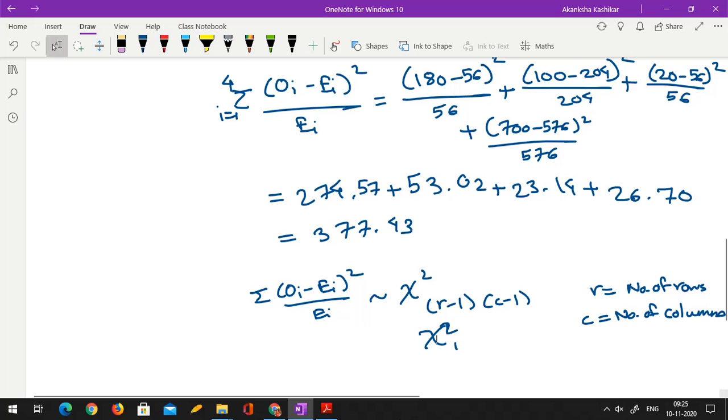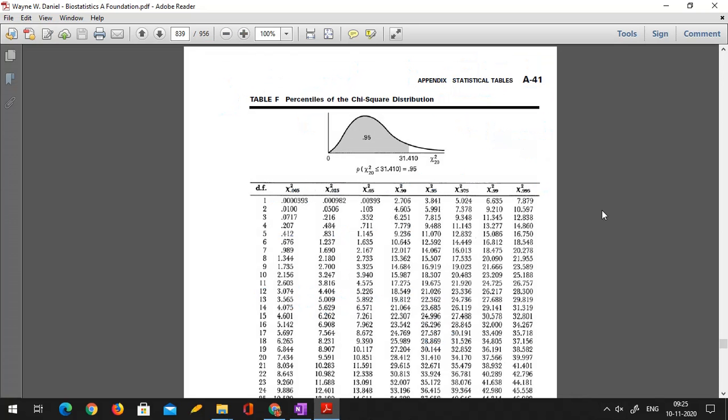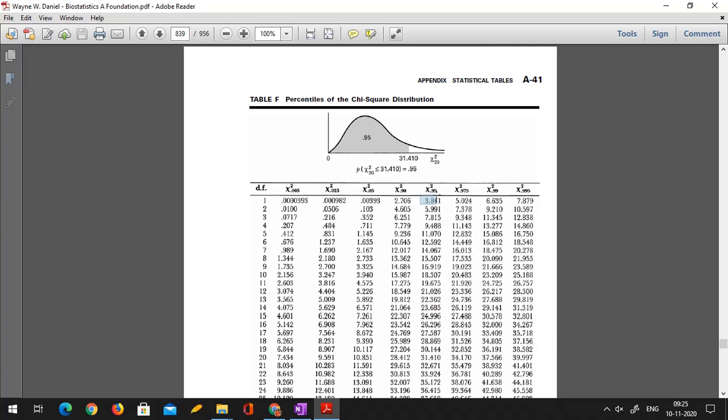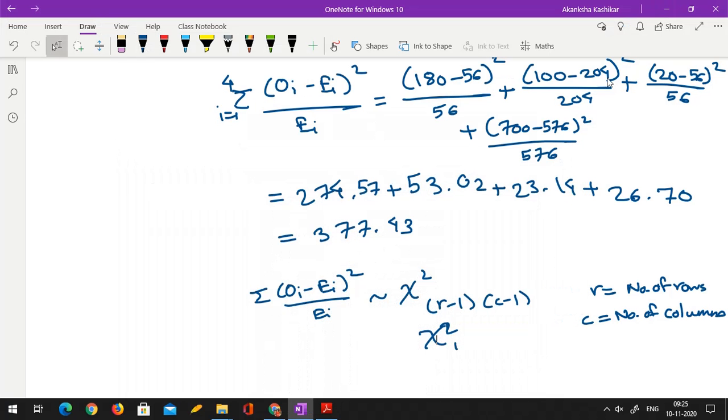So let me go to the chi-square tables and see here for chi-square 0.95 we have to check, because we want it at 5% level of significance. With chi-square 0.95 you can see here with degrees of freedom 1 the value is only 3.841. So the value is very small. Okay, 3.841.